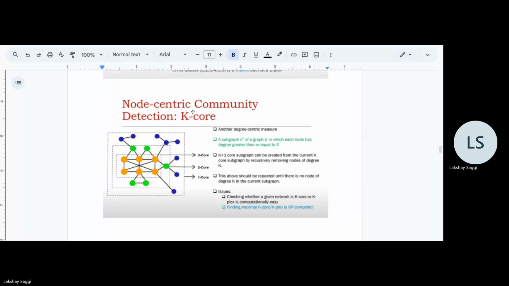And then there can be another kind of definition for it.